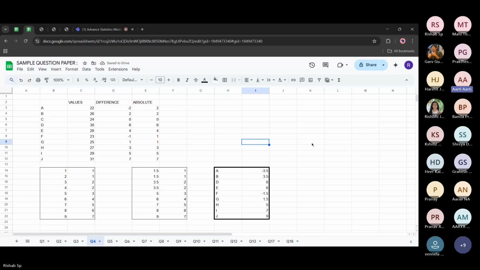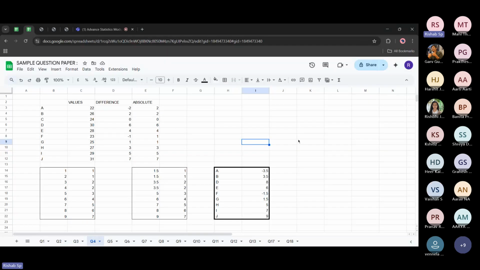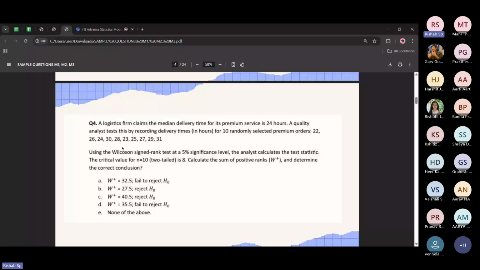Rishabh, you're not audible. Hello? Yeah. No, I'll discuss this later. So I've made a mistake here, some calculation mistake. So for this, we fail to reject the null hypothesis because we get the answer as 9.5 or something. Since it is greater than the critical value, we fail to reject. I think I'll discuss this later.